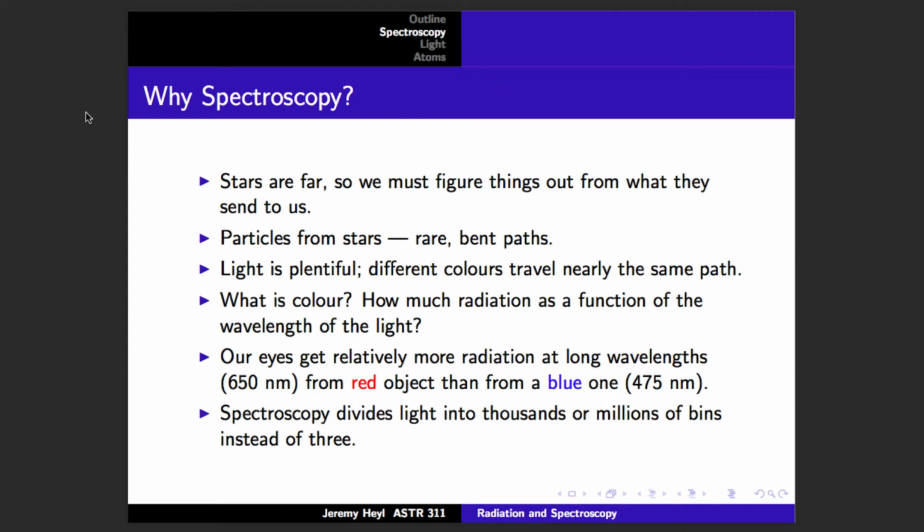When we do spectroscopy, we take the light that's coming in and divide it into lots of bins, where each bin corresponds to a narrow range of wavelength. Your eye basically divides light into 3 bins or 4 bins, which you may not realize.